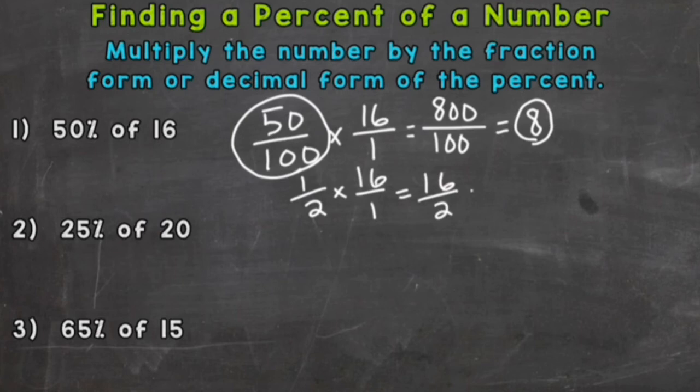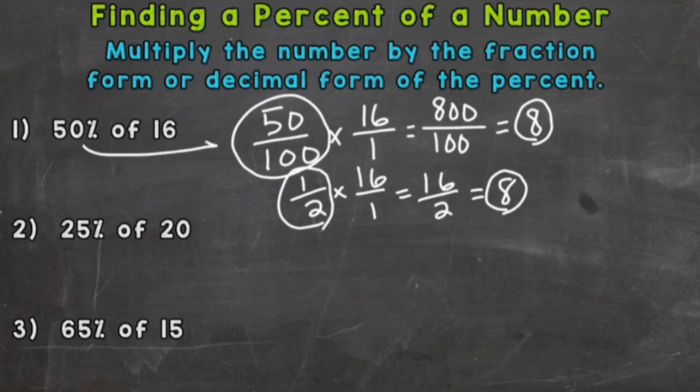And when we do that, we get 16 divided by 2, that's 8. You see, the same answer. Now, we can also do it in a decimal way. We just saw that both in percentage and in fraction, we can do the same thing and get the same result. It's just a different way of showing the same thing.